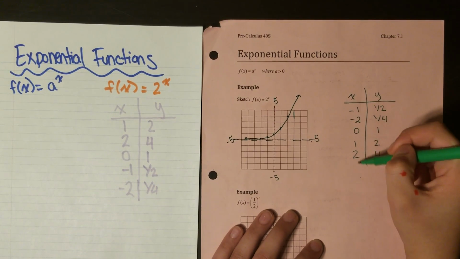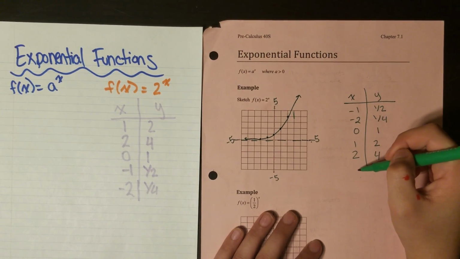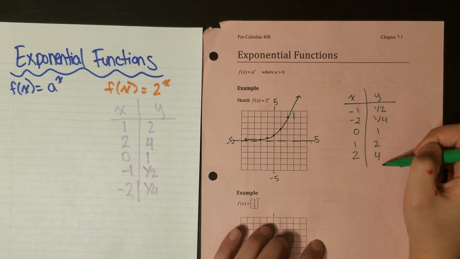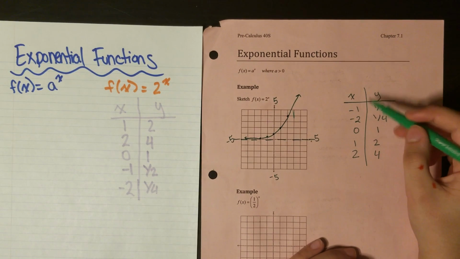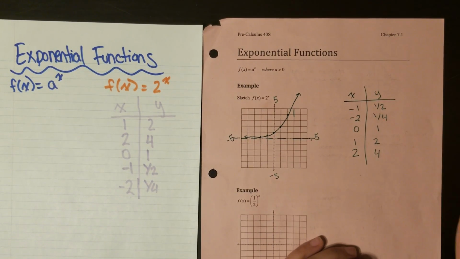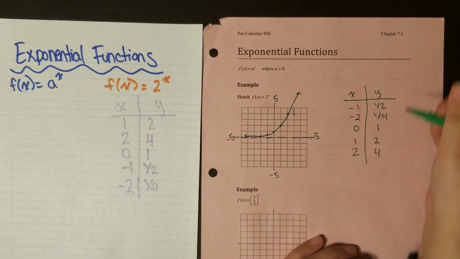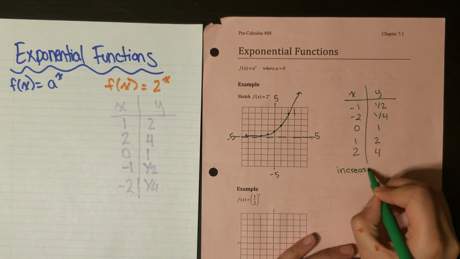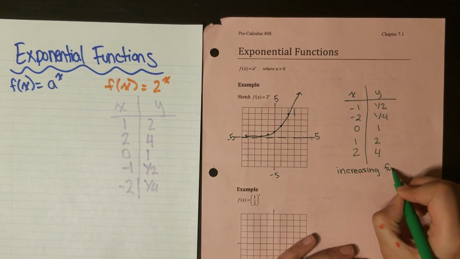So if I look on this side, my x values are increasing. And if I look on this side, my y values are increasing. So when your x and y are both increasing, it's called an increasing function. So I'll write that down here. This is an increasing function.